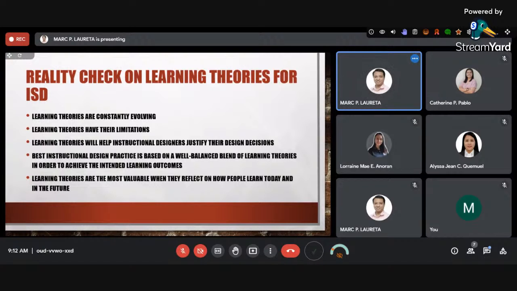In summary, we have covered the basics of learning theories, no, relevant to the instructional design. Okay, it is important for instructional designer to have a solid grasp of learning theories and that will go a long way for instructional design practice in the future.